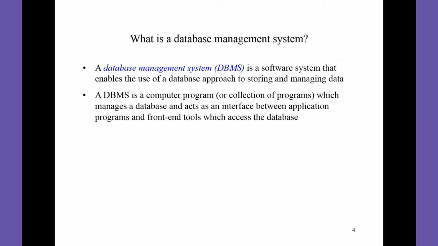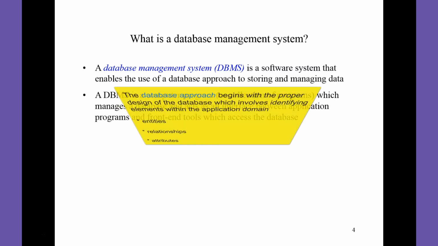Another question: what is a database management system? Well, a database management system, often abbreviated as DBMS, is a software system that enables the use of a database approach to both the storing and the managing of the data. The database approach to managing data overcomes the limitations of a file processing approach.